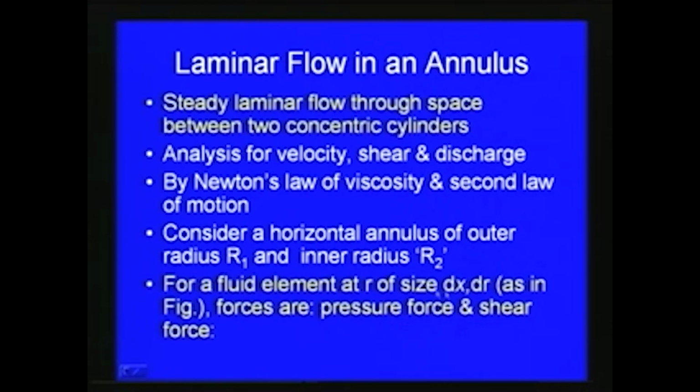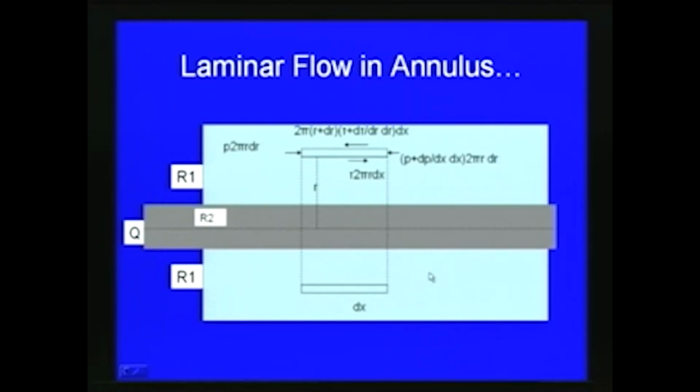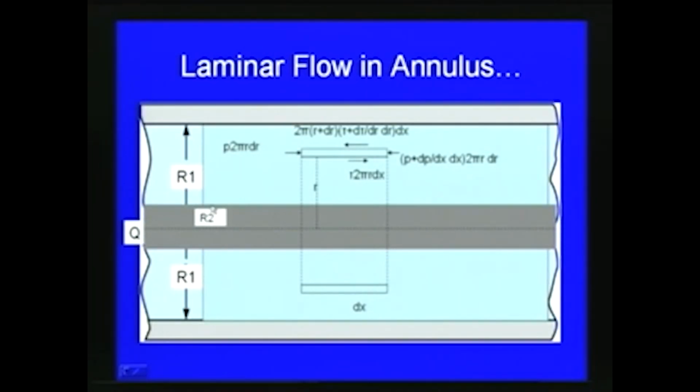The fluid element at r is of size dx into dr. This figure shows the inner cylinder and the outer cylinder, and the flow is between these two cylinders, in this direction.